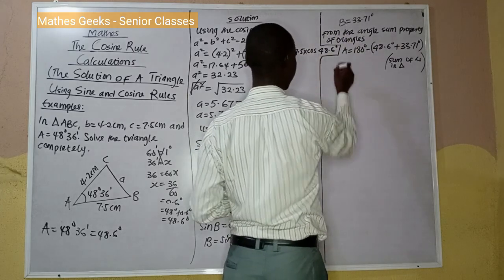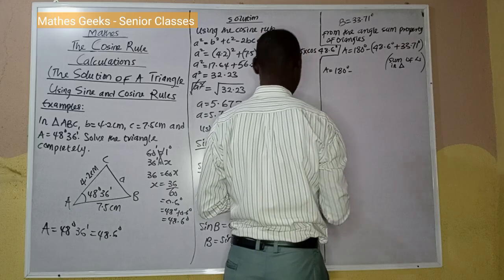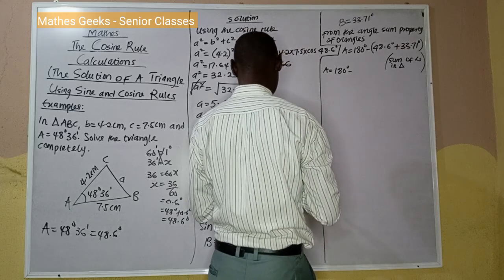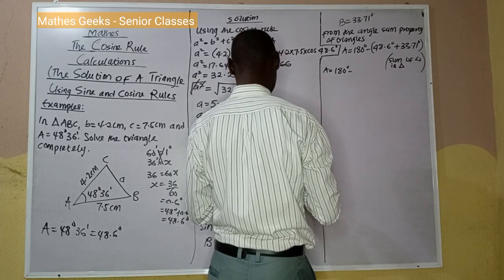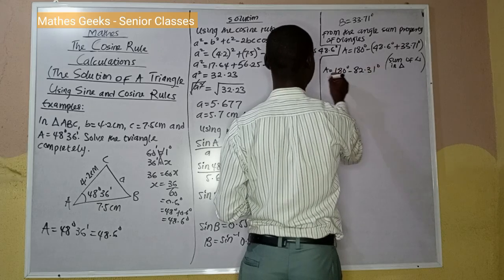State your reason. So C is equal to 180 degrees minus 48.6 plus 33.71, which is 82.31 degrees.